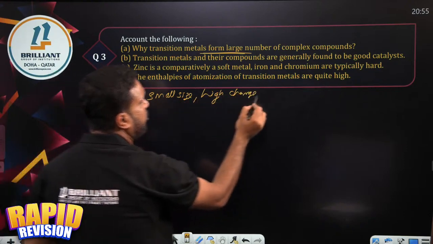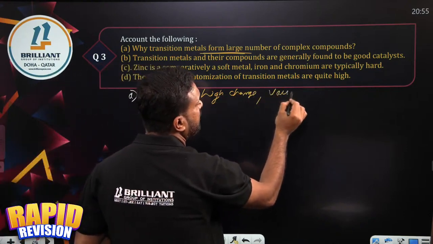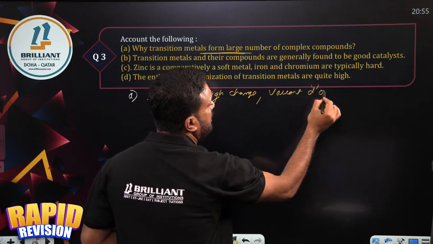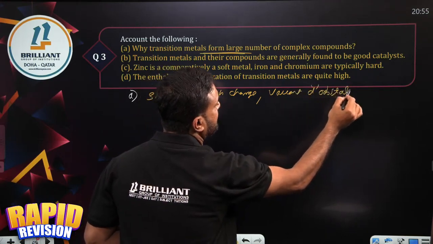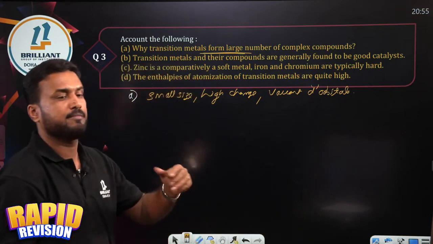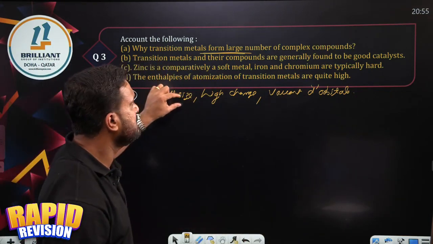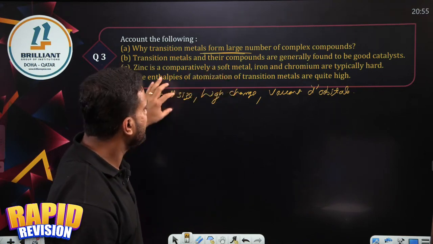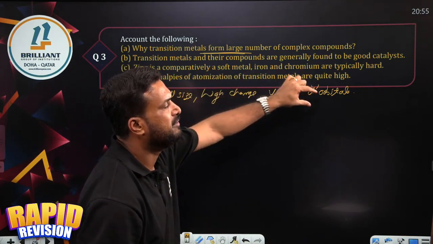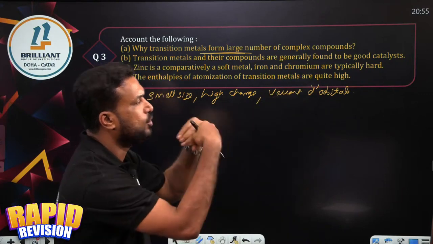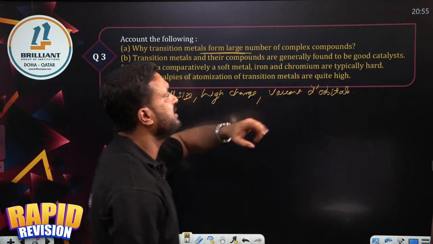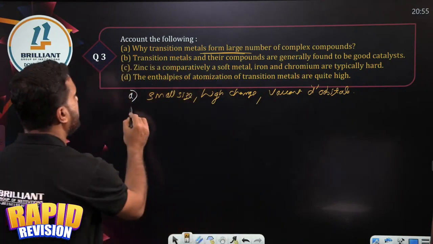High positive charge, small size, and availability of vacant d orbitals. These three are the reasons behind the formation of a large number of complex compounds by transition elements. Due to high charge they have small size, and so many vacant d orbitals. That's why ligands can donate lone pairs of electrons. That's the way they form complex compounds. Hope you understood.